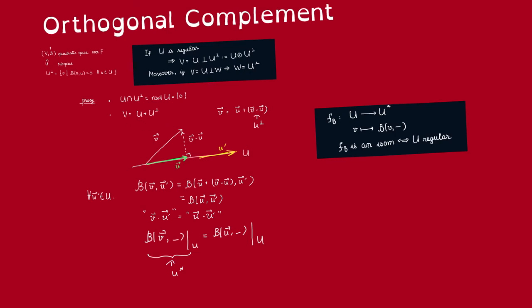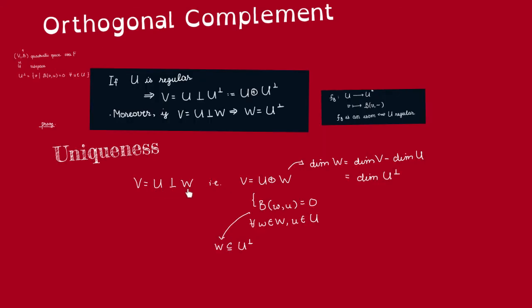Now we will prove the uniqueness of the orthogonal complement. So suppose we have the following decomposition. What does it mean? This means that V is a direct sum of U and W, and that every vector of W is orthogonal to every vector of U. Then, in particular, this means that W must lie inside U perp, must lie inside this orthogonal complement.